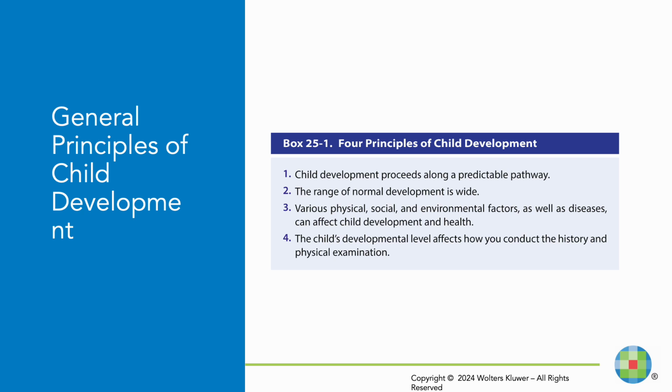There will be outliers on the far right and the far left. Those on the far left will have some developmental delays, and those on the far right will reach their milestones much sooner. And environmental factors, such as how someone's family life and social life are, can affect a child's development and health.